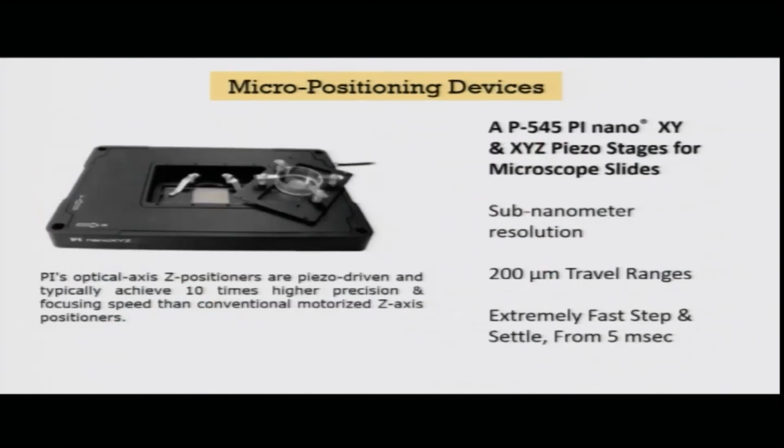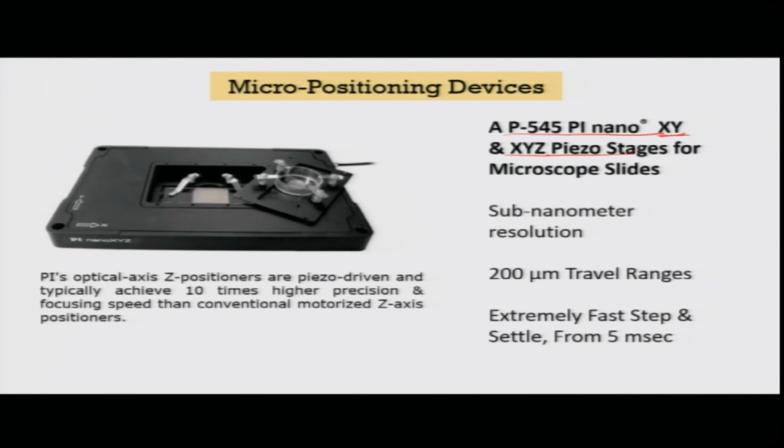Now, there is also a micro positioning device like this P545 PI nano micro positioning device. If it is a planar motion, then it is called XY micro positioning. If it is a spatial motion, then it is XYZ piezo stages.